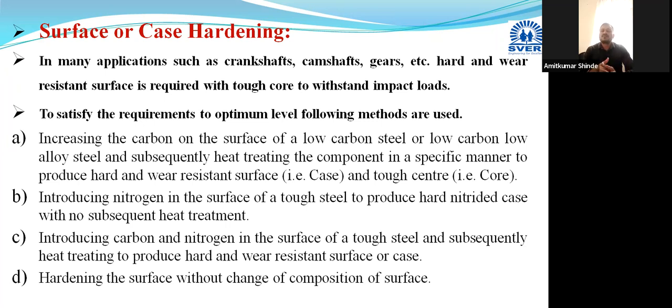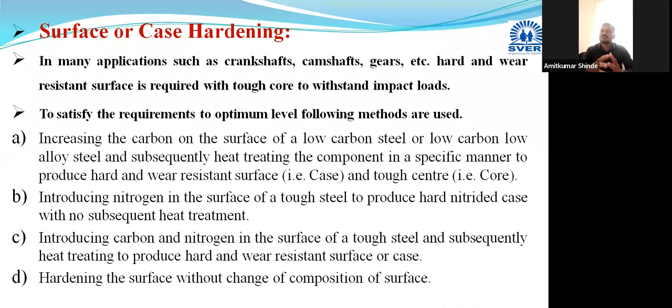In these components we require some specific properties of the surface and some specific properties at the core. Core means the center of that component. So what are those requirements?